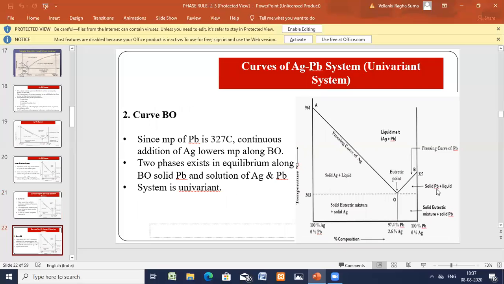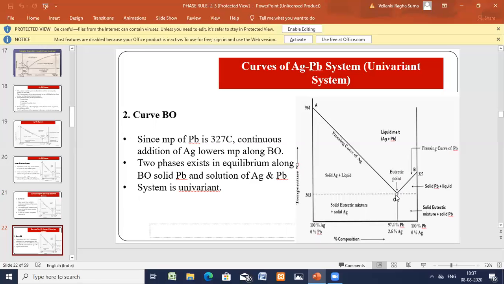Now curve BO. In the curve BO, you see the melting point of lead is 327. Now you are adding silver continuously along BO. Lead is in equilibrium with the molten mixture, that is silver and lead.